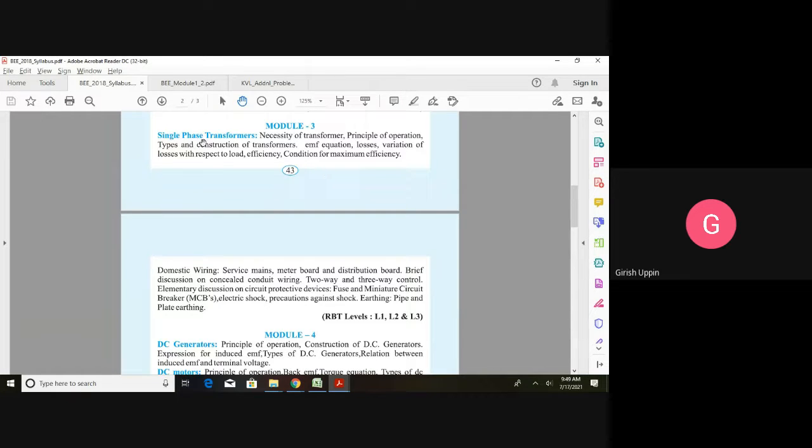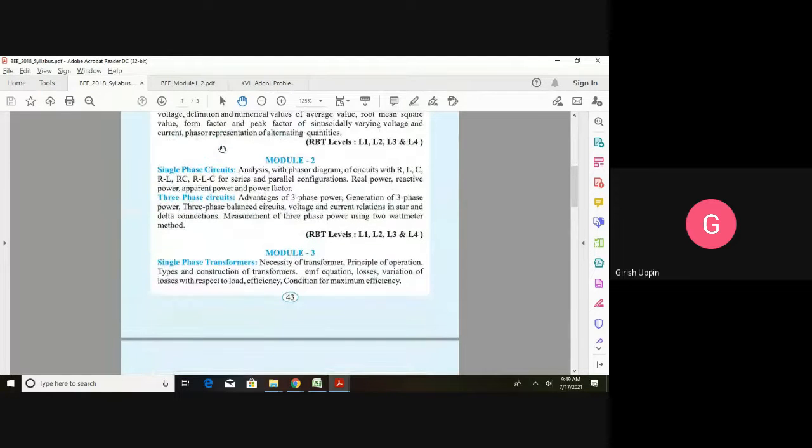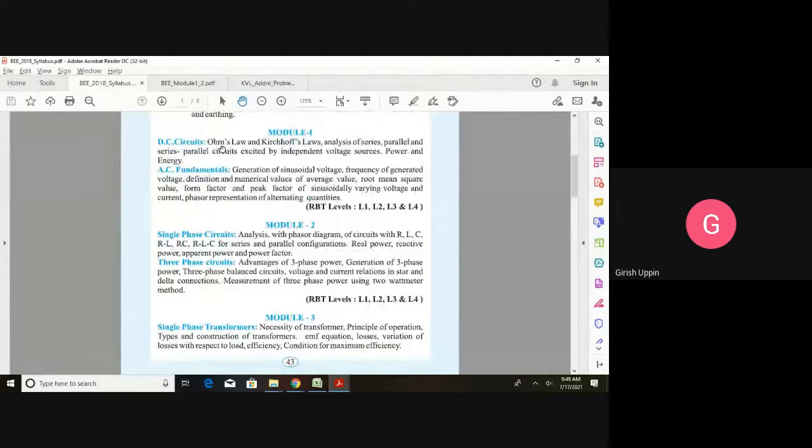So here this is very simple. Don't study this thoroughly. What I would suggest is module 1, do 100% preparation because it is easy. Module 2, if you get a logical understanding of these three, this is very simple. Cover this portion completely, both theory and problems.